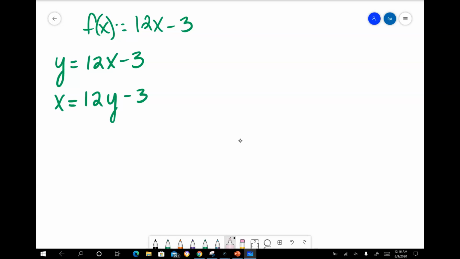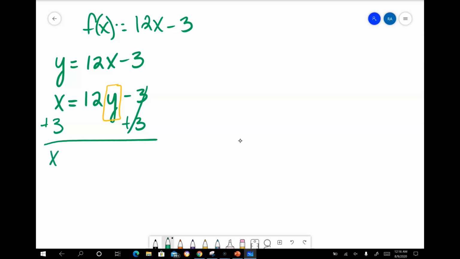Now my goal is to get y by itself. Okay? So I need to get this guy right here by himself. So we got to get rid of stuff. Work your way out in. Okay? So we're going to add a 3 to both sides. That cancels.